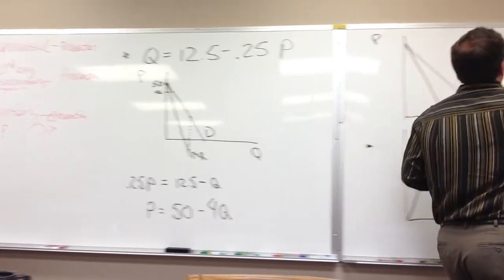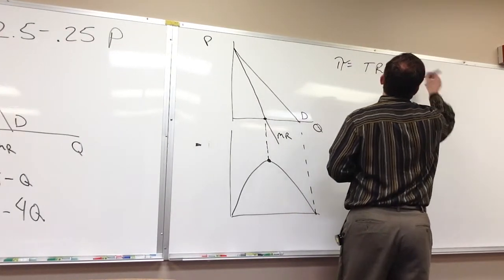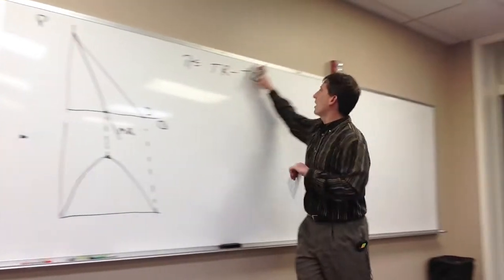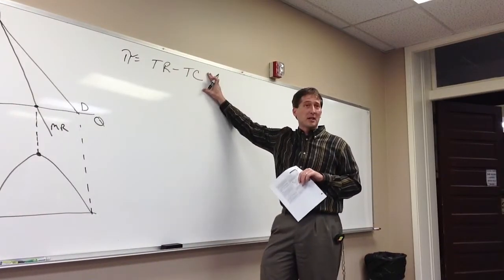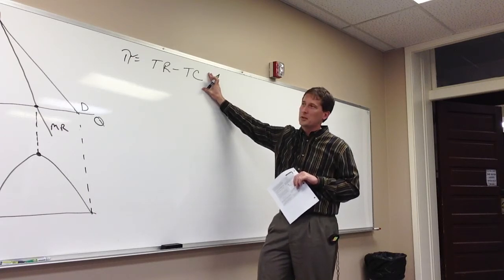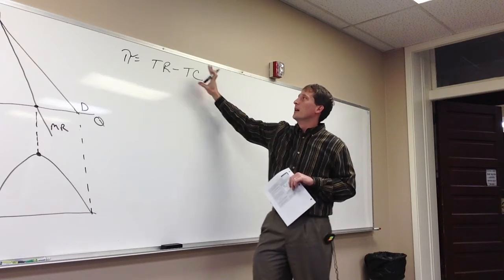So we can't ever forget that our ultimate goal of the firm is to maximize profit. You guys immediately started thinking about costs, which there's a whole bunch of fun stuff to talk about on the cost side, which we spent a lot of time in chapter, what was it, 8 or 7? Somewhere in there.